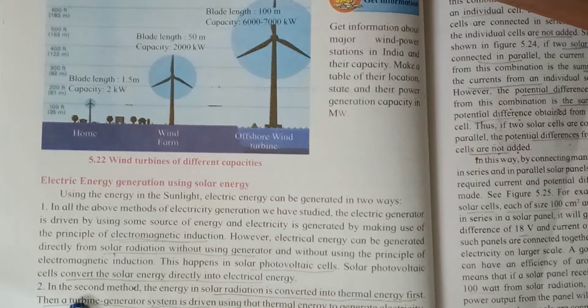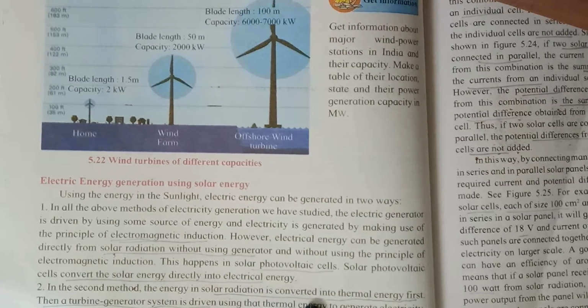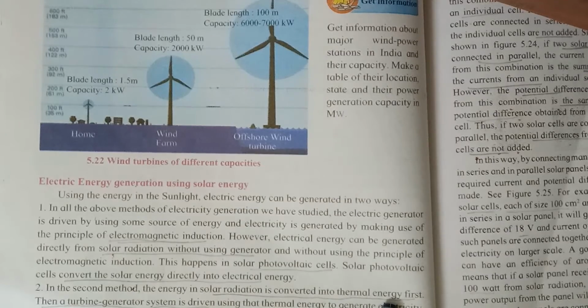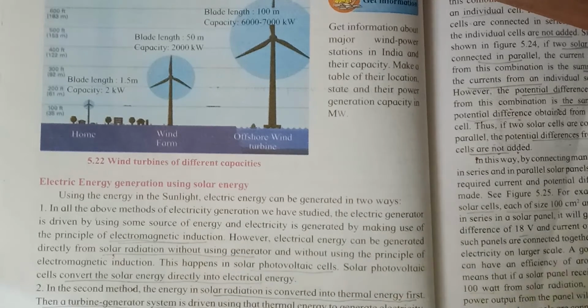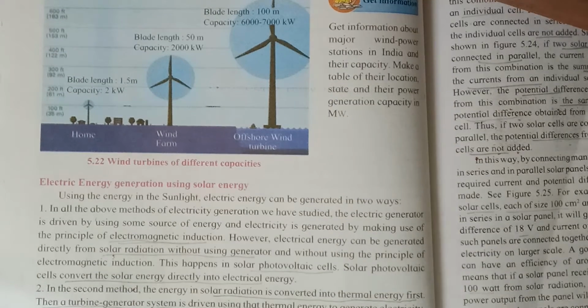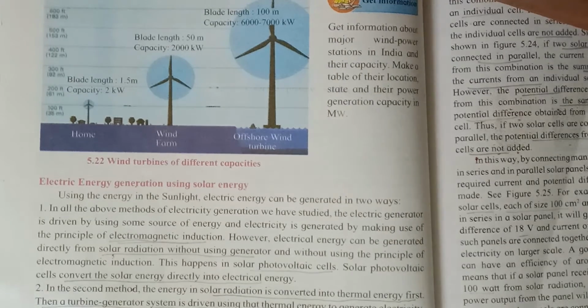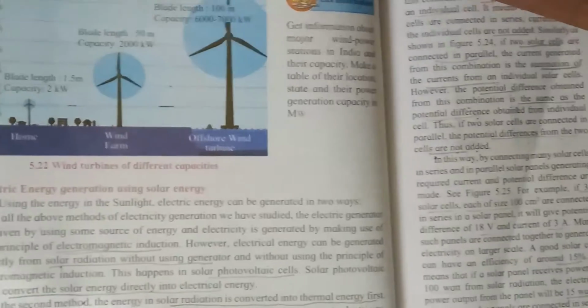And the second method is that solar radiation is first converted into thermal energy, and then this thermal energy is used to rotate the turbine of the generator system. That means the thermal energy is used to generate the electrical energy. So here we are going to study first the solar photovoltaic cell.